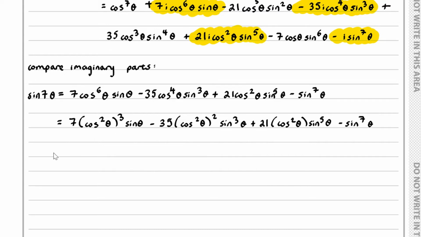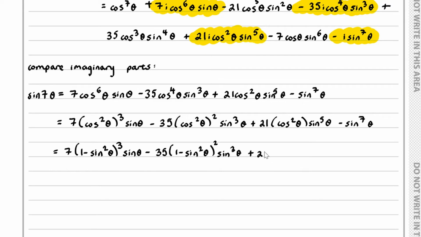And now we can replace cos squared with 1 minus sine squared. So we've got 7 times 1 minus sine squared θ cubed times sine θ. Then we've got minus 35 times 1 minus sine squared θ squared times sine cubed θ.